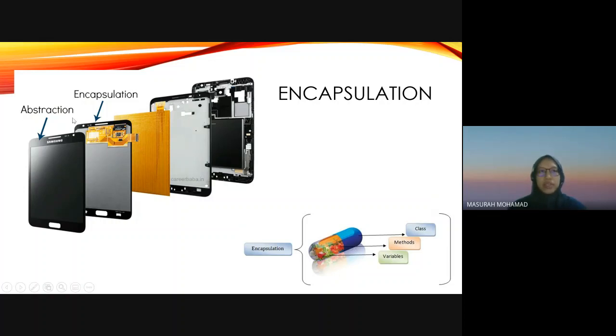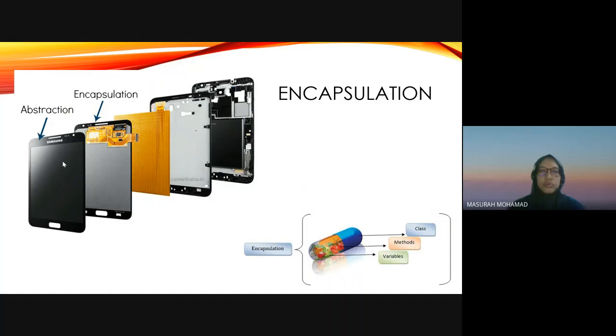Where are abstraction and encapsulation placed in the mobile phone? In this concept, as you can see, abstraction is the most front level, whereby when you implement abstraction, you just want to know what the function of the phone is only.